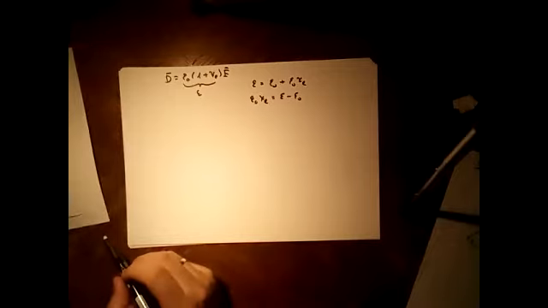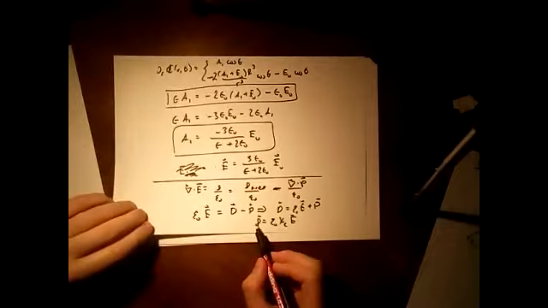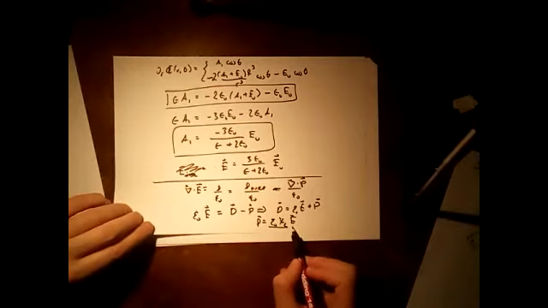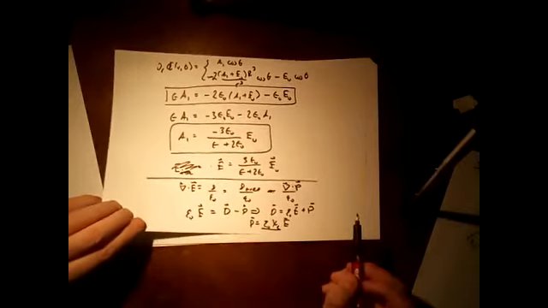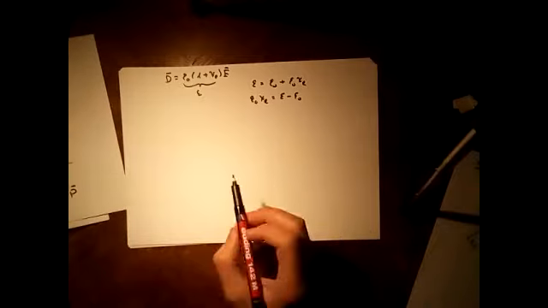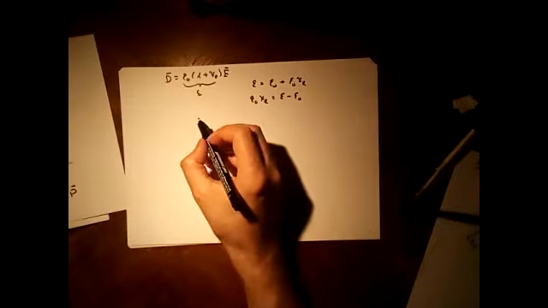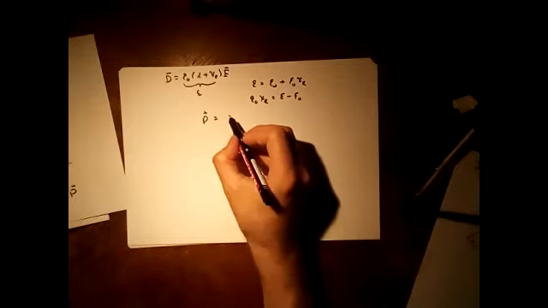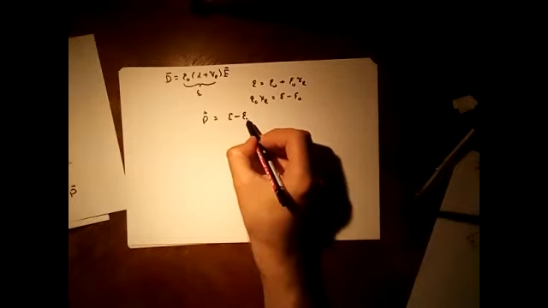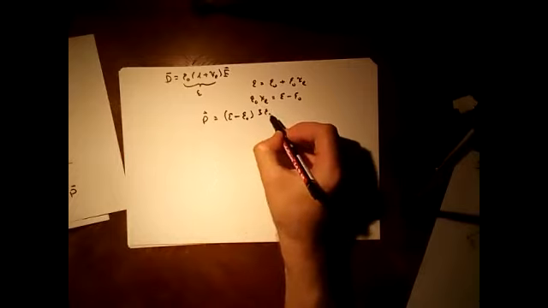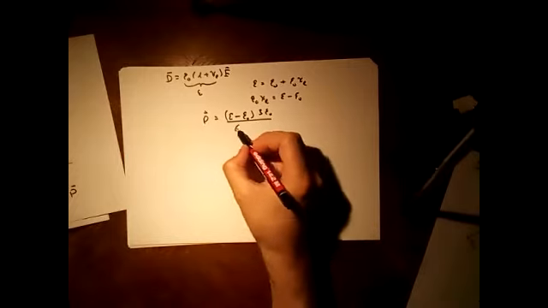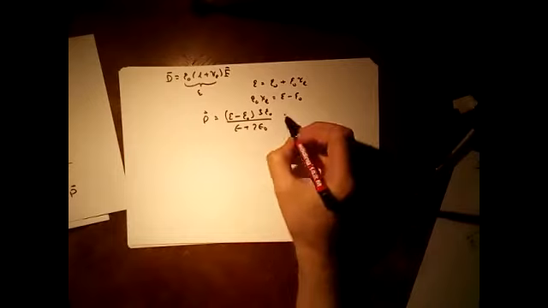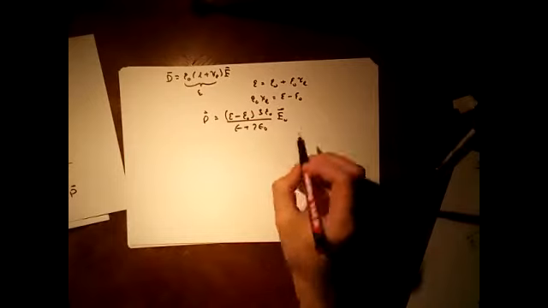Then we can just use that the polarization is epsilon 0 chi E times E, and we already have E. So what we get for the polarization is (epsilon minus epsilon 0) times 3 epsilon 0 divided by (epsilon plus 2 epsilon 0) times E0.